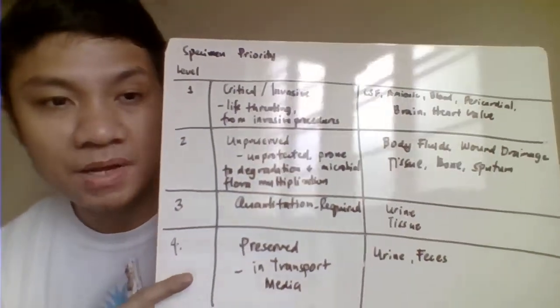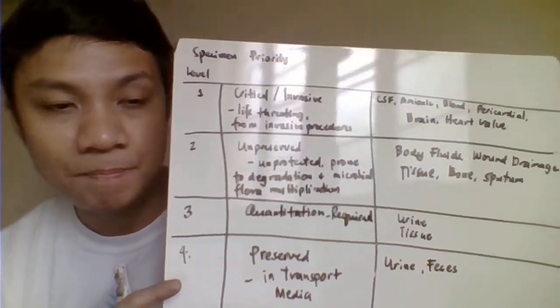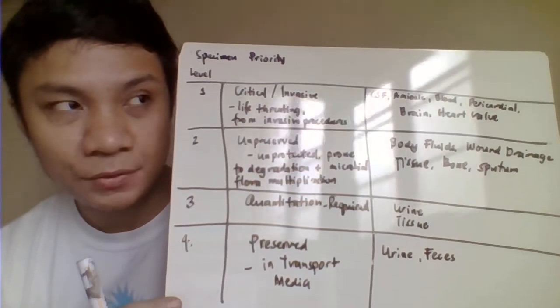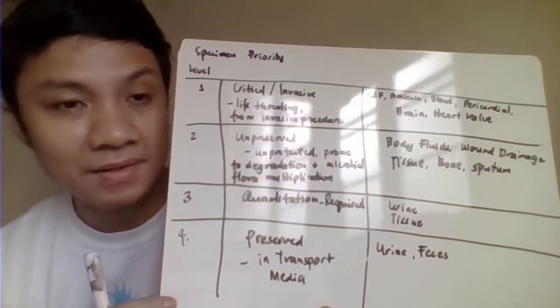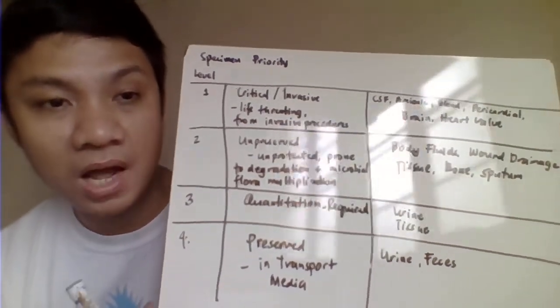Okay, then we have here the specimen priority. So we have the levels of the specimen, which allow you to determine which specimen should be processed first or immediately compared with the others.